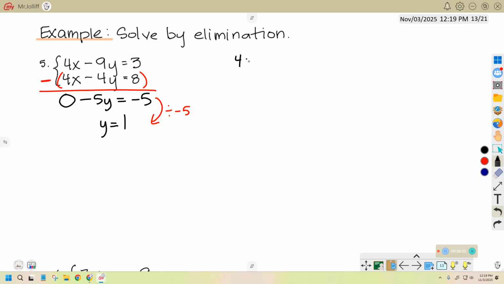So 4x minus 9y equals 3. Everywhere I see a y, it becomes a 1. 9 times 1 is 9. So 4x minus 9 equals 3.